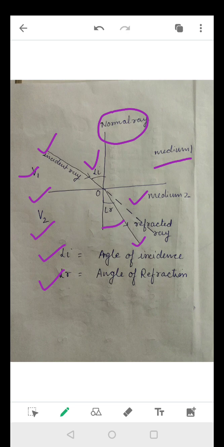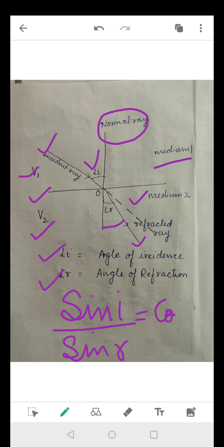refraction. Now students, I hope you also remember Snell's law. Do you remember Snell's law? What was it? That sin I upon sin R is equal to a constant.